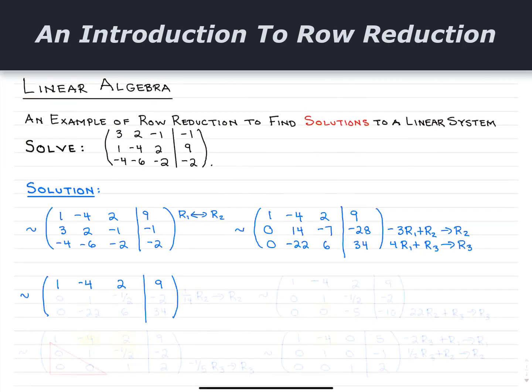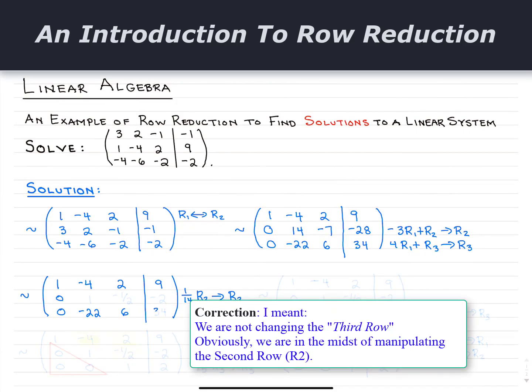We're going to multiply row 2 by 1 over 14. We're not doing anything to the first row, so we'll leave that unchanged.